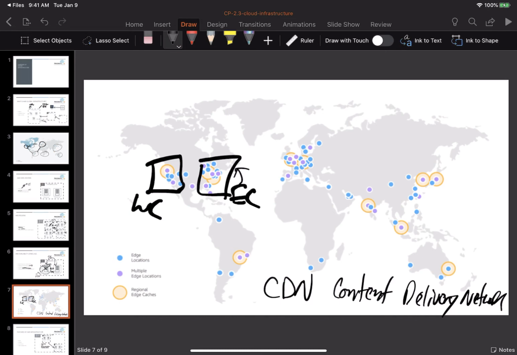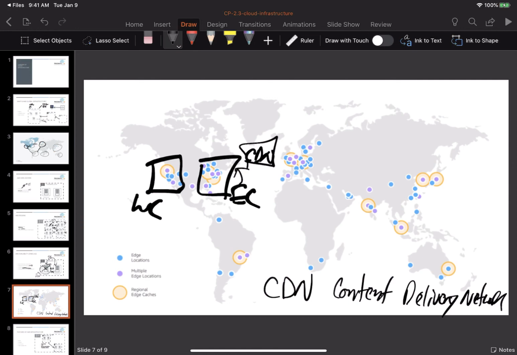Well, they're going to distribute that Prime movie. They're not going to leave it on the West Coast. They're going to distribute it to a CDN that's close to you so that when you stream it, you can have the best performance. And that's really the core concept, think about streaming movies. That content is going to be distributed to all these edge locations so that people are able to stream it in the closest amount of time that they possibly can.